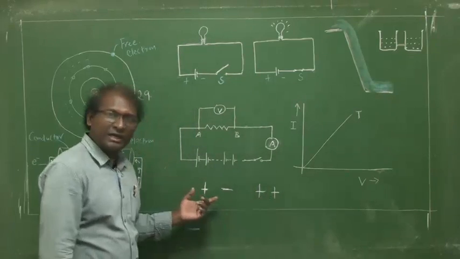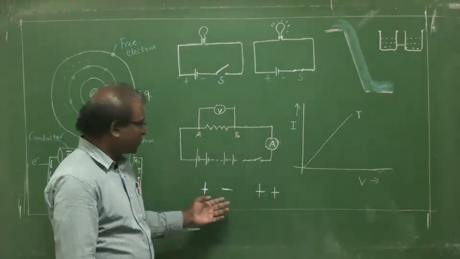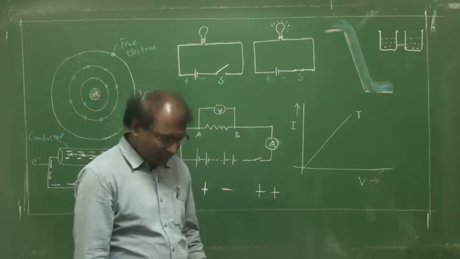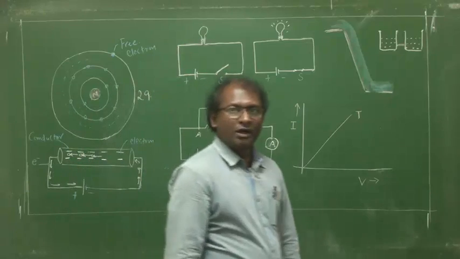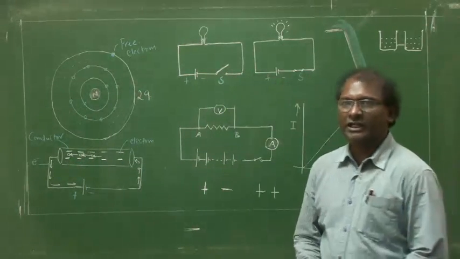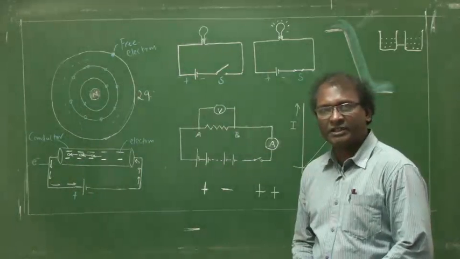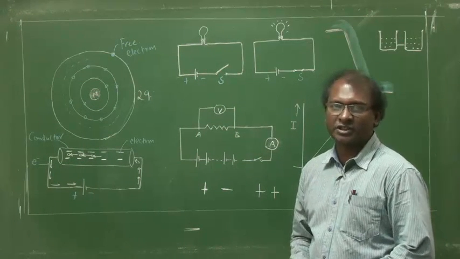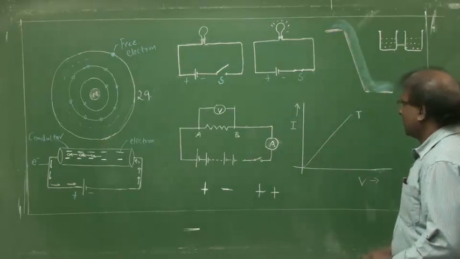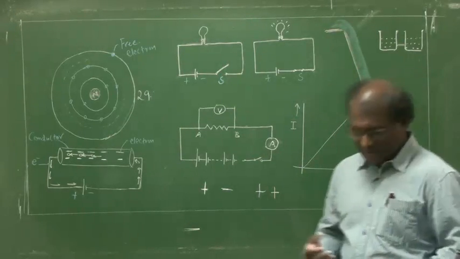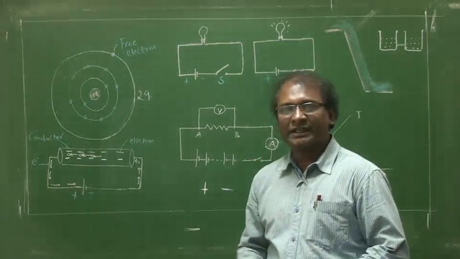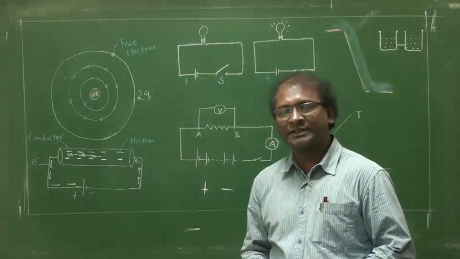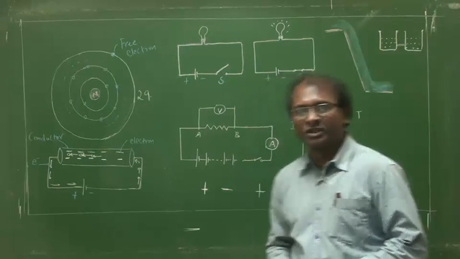So there we have force of attraction and repulsion. This electric charge contributes to the electric current when they flow in a conducting medium. They can flow only when there exists a potential difference.